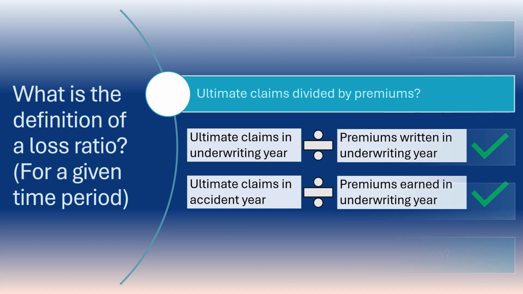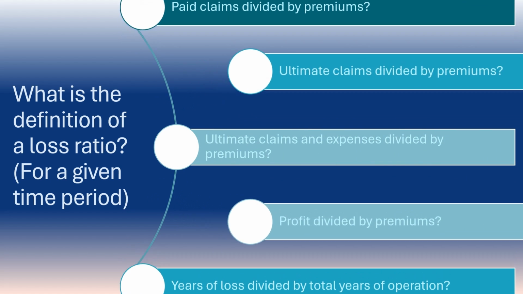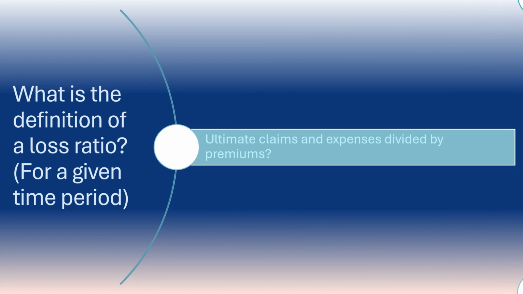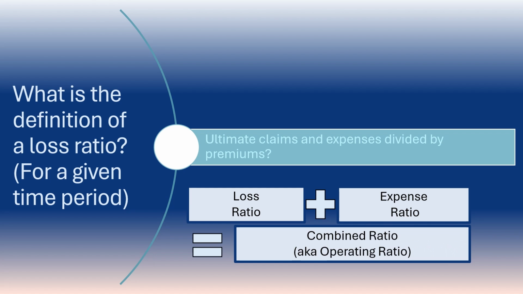We've got 2 options left, and it's worth discussing them now. Firstly, ultimate claims and expenses divided by premiums. If we use consistent groupings of claims, expenses and premiums, then this is a valid insurance metric called the combined ratio, or sometimes the operating ratio. This brings in all the expenses related to underwriting those policies, be it broking or marketing, and all the expenses related to administering the policies and claims.